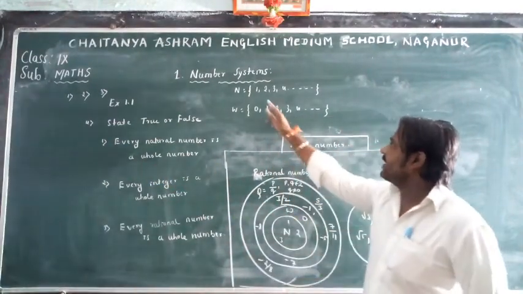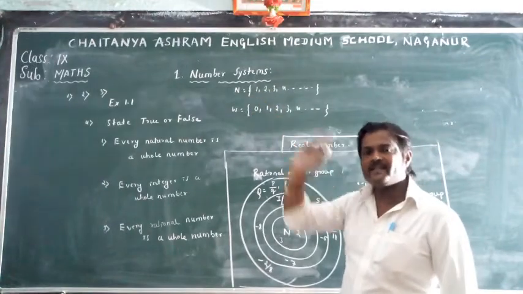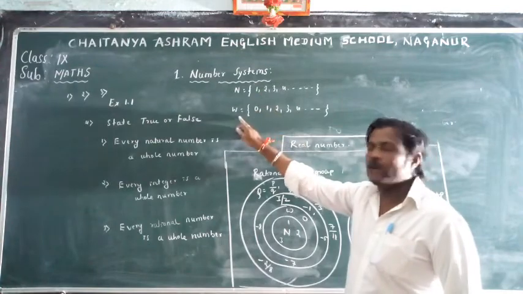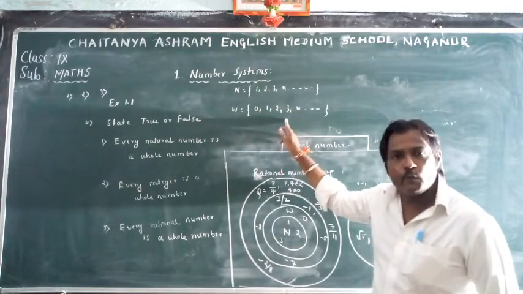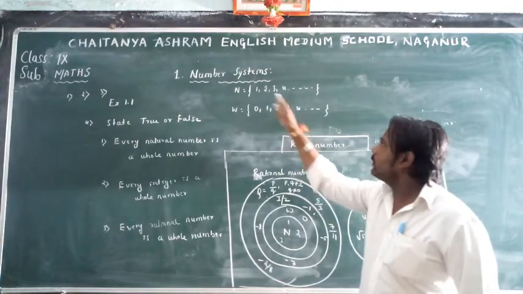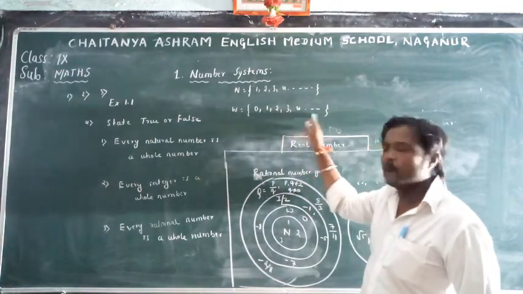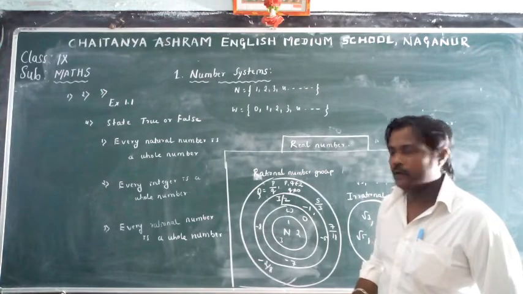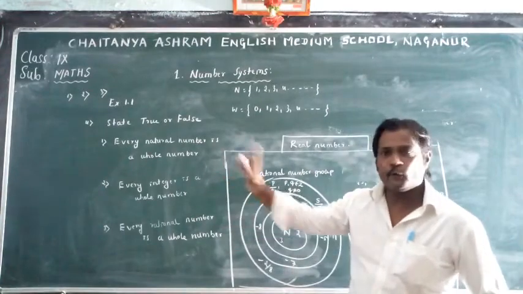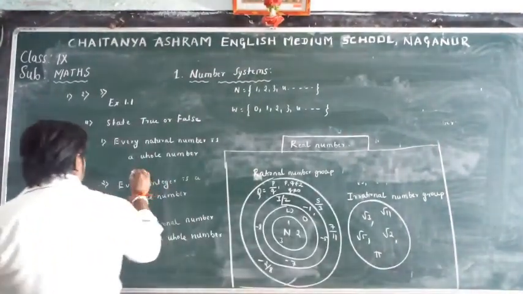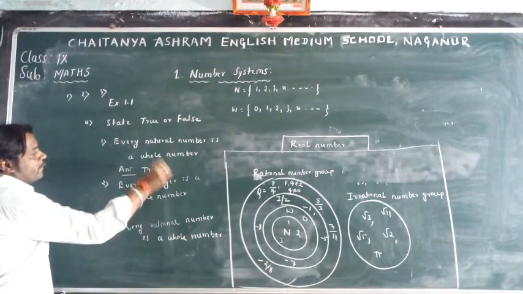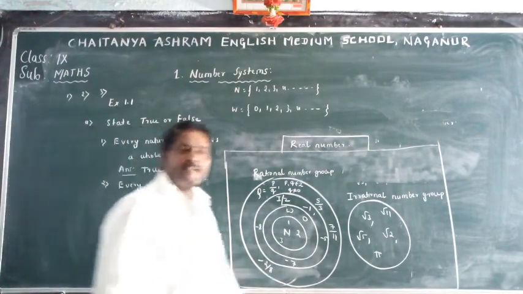Consider the natural number 1. 1 is a natural number as well as a whole number, because whole numbers include natural numbers too. So every natural number is a whole number. So just tell me, is this statement true or false? Yes, it is true. This is true.